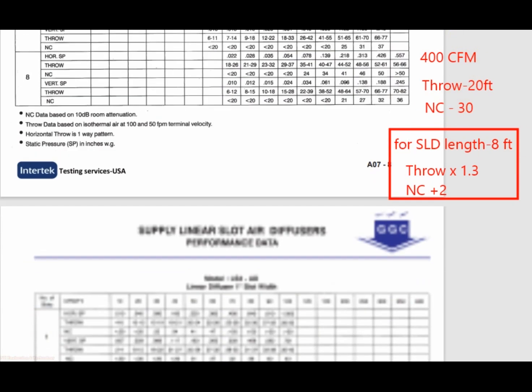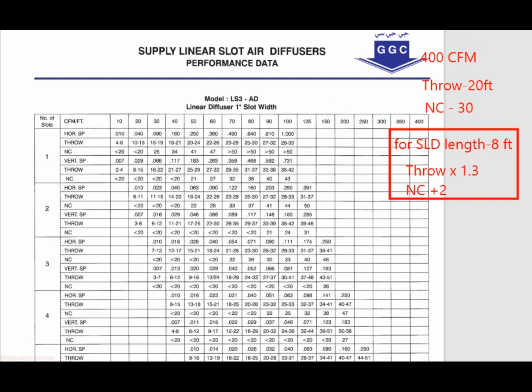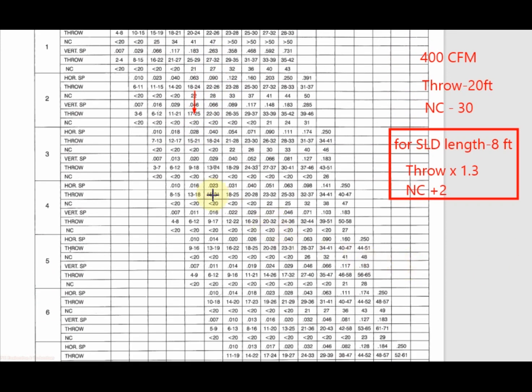Now we'll go for the next table, which is for 1 inch slot width. So we will select this column for 50 CFM per feet. Then we will go down. For 3 slots we have the NC level less than 20, but the throw is 21, it is higher. Then for 4 slots throw is 18, and for 5 slots we found the NC level less than 20 and throw is 16.